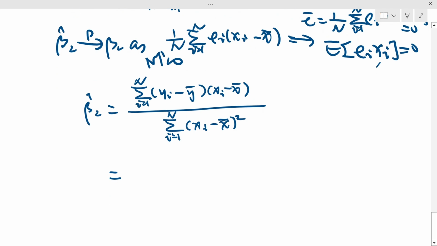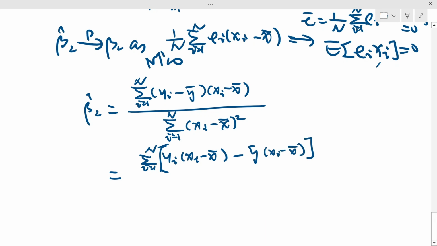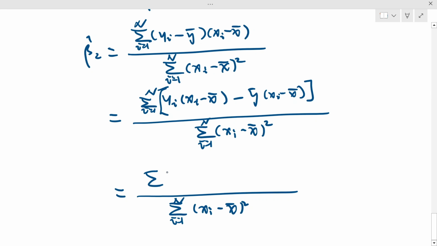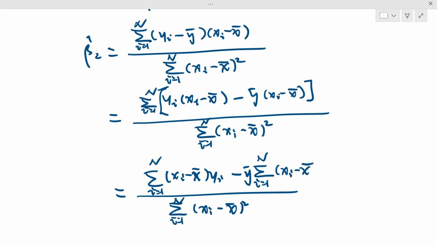We can write this as... And note this term, the sum of deviations from the mean, is equal to 0.